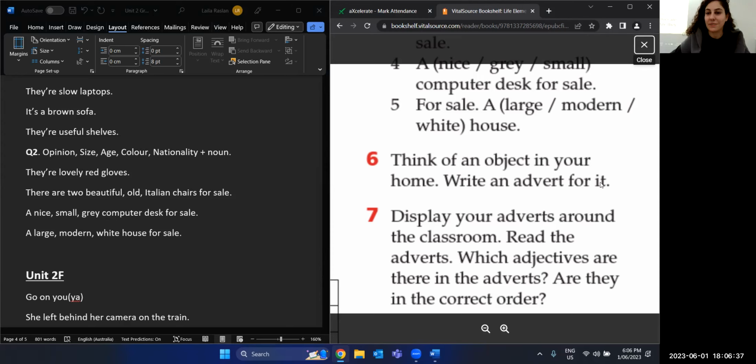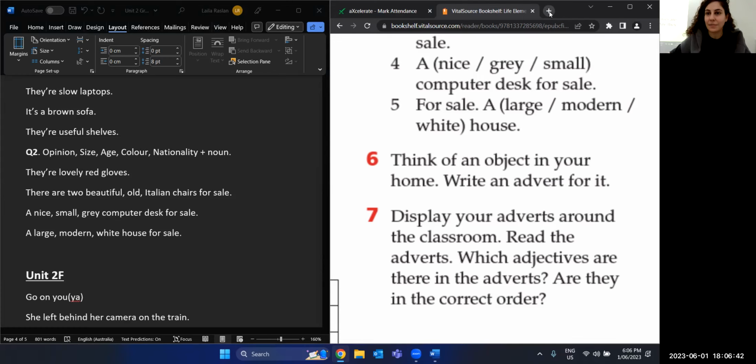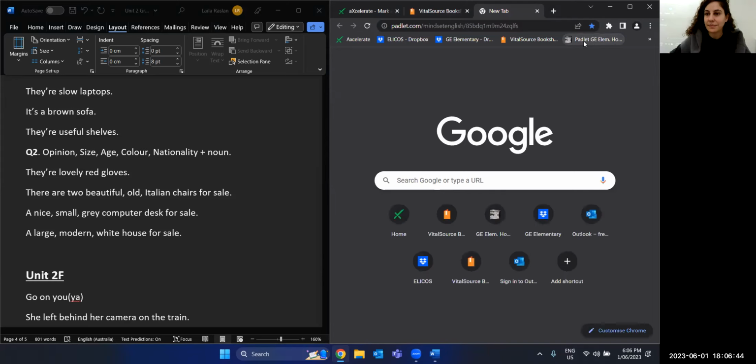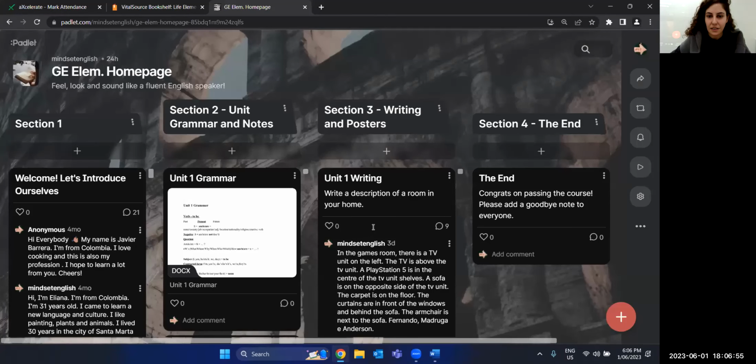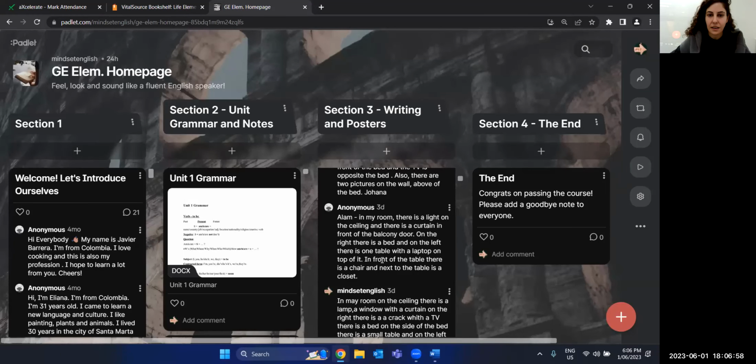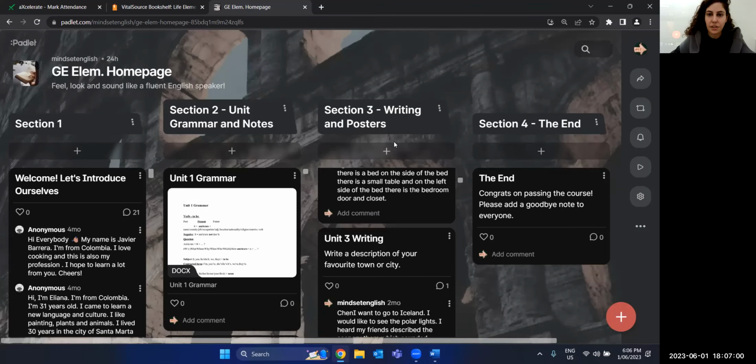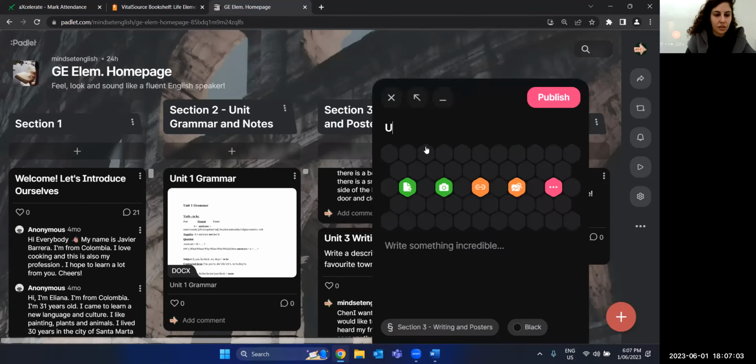advert for it. So I'll give you 5 minutes to do that, and then we're going to upload it on Padlet. If I go to Padlet, I can see in the writing section, come down. I think I have to create a post for it. So I'll create Unit 2 writing. So the task is to think of an object.